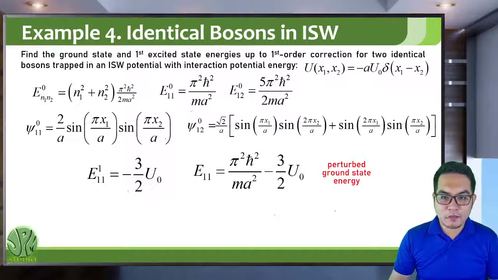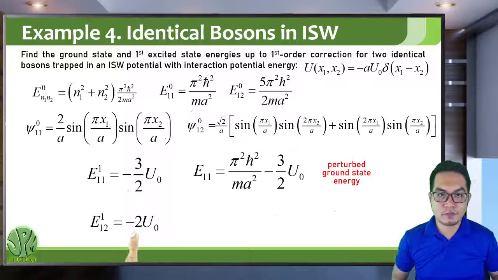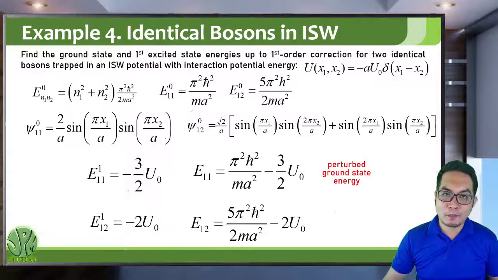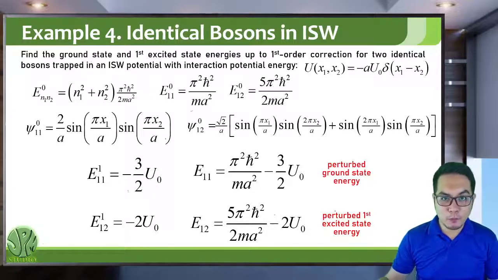This is the perturbed ground state energy. If you do it correctly, you will get the first order correction in the first excited state energy as -2 u naught. Meaning, if you approximate the first excited state energy up to the first order correction, you will get this one.